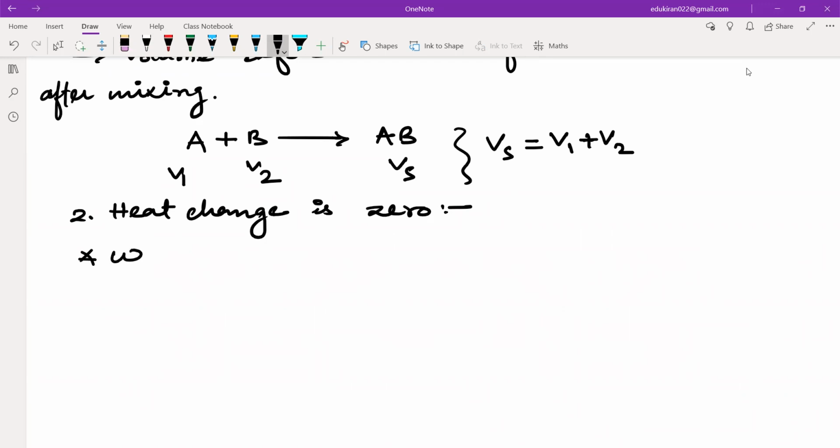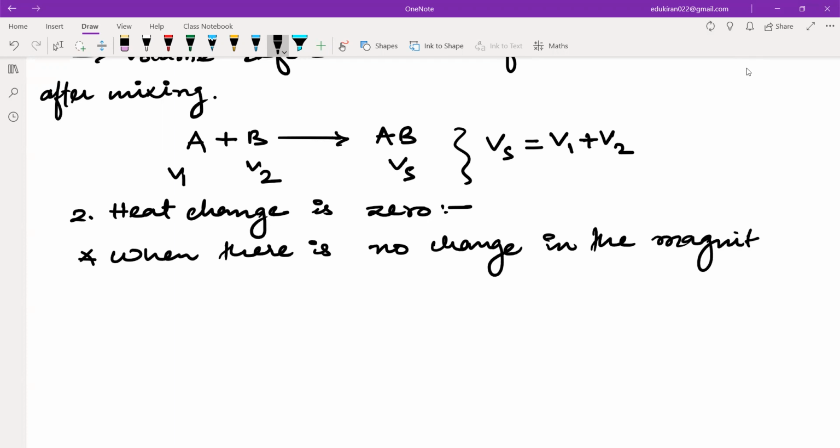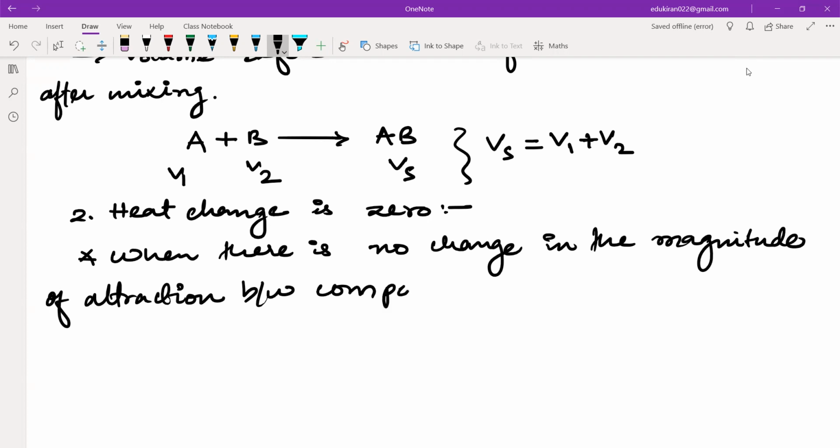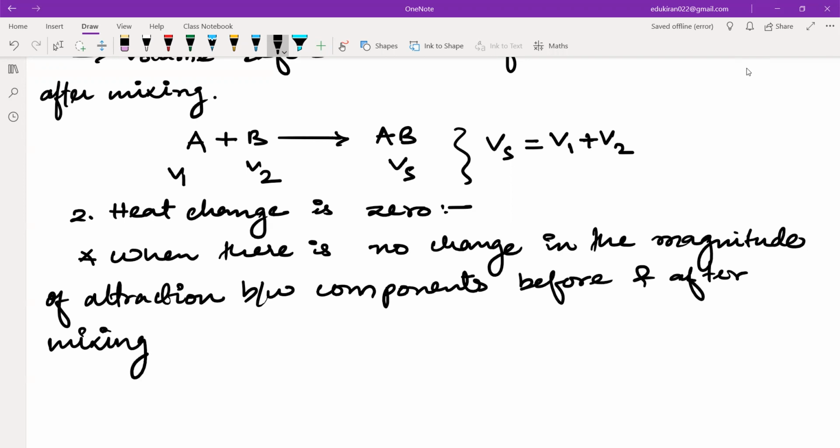And why is this? We'll write this when there is no change in the magnitude of attraction between components before and after mixing, then delta H of mixing will be also equal to zero.